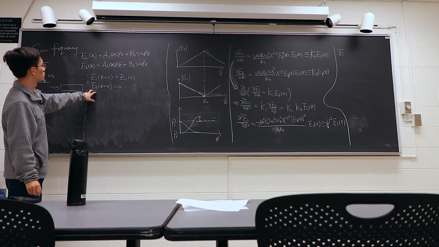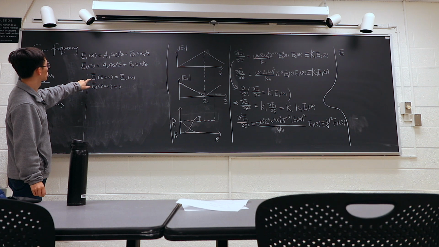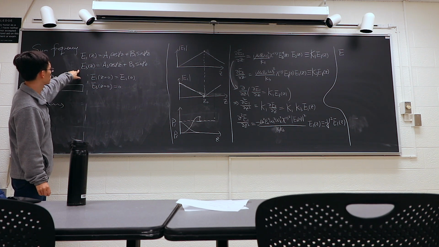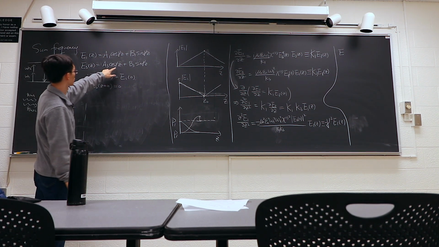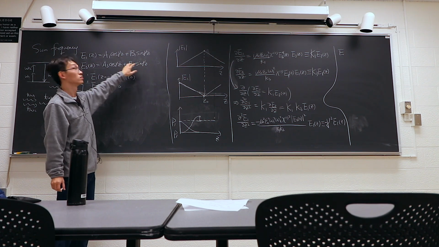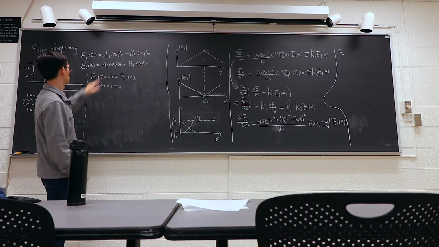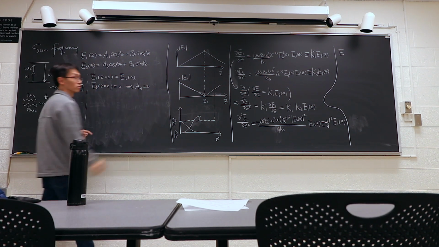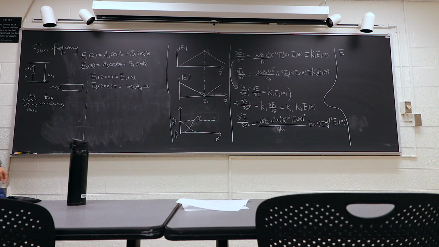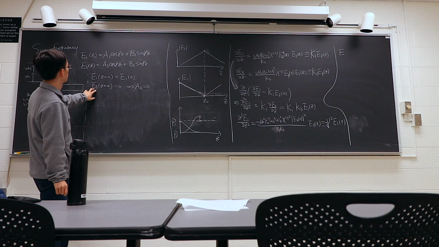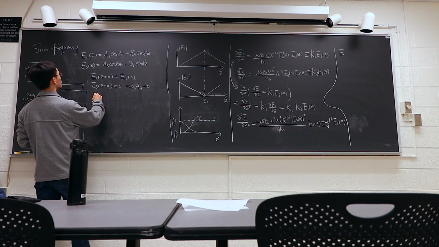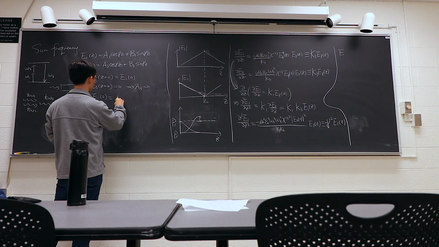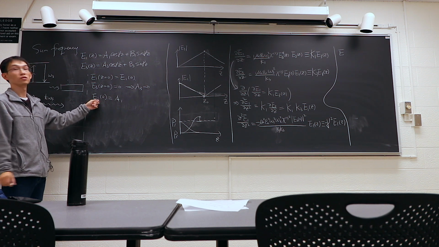So using these boundary conditions, for E3 it's very clear: as Z equals 0, this term is 0 and this one is 1, so you have A3 equals 0. And for this one, you have E1 at 0 equals A1, so A1 equals E1 0.